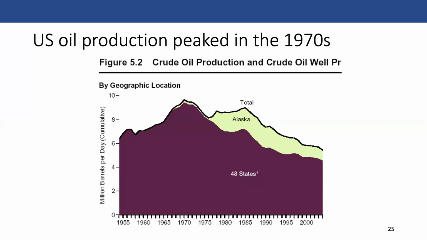Couple more slides before we hit our midpoint break. So U.S. oil production, as I'd mentioned before, from the Hubbert curve, the guy who originally came up with peak oil was doing that analysis specific for the United States. It was agreed upon that production had peaked in the 70s.